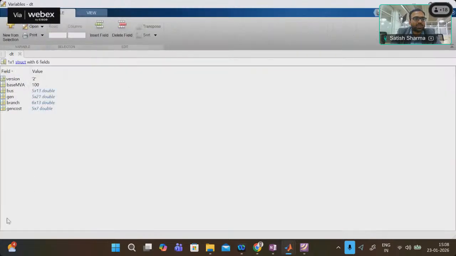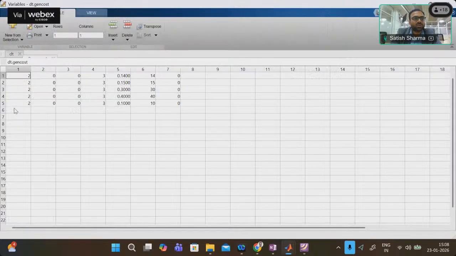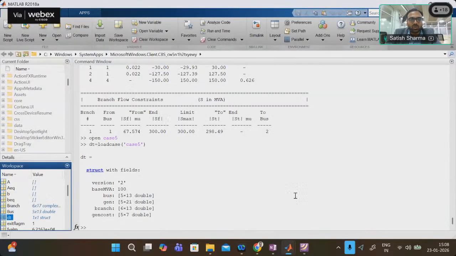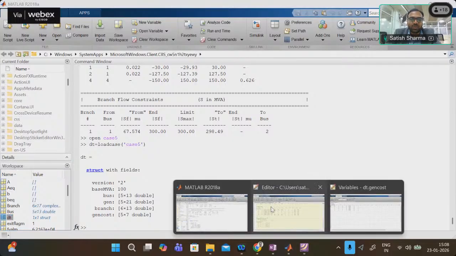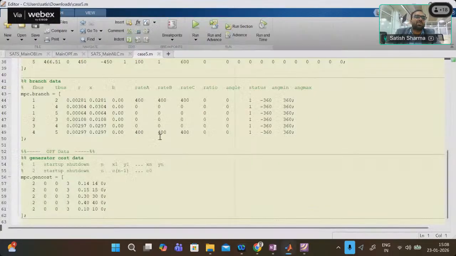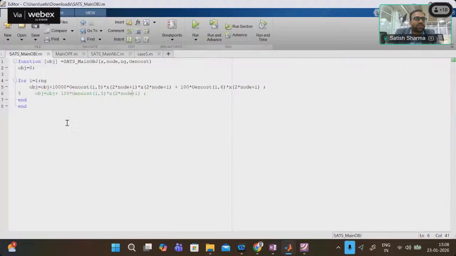So this is the dt here, and the gen cost is a quadratic cost function. And so 14 and 0.14. So different values are given here. So this is a quadratic cost function, so the objective function will be ap square plus bp plus c. So I can look at the main objective function.